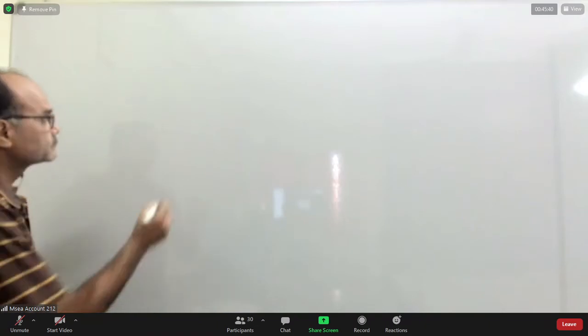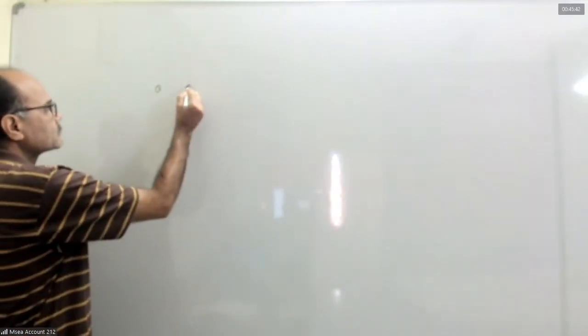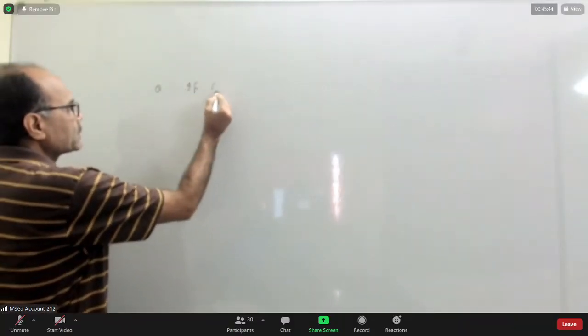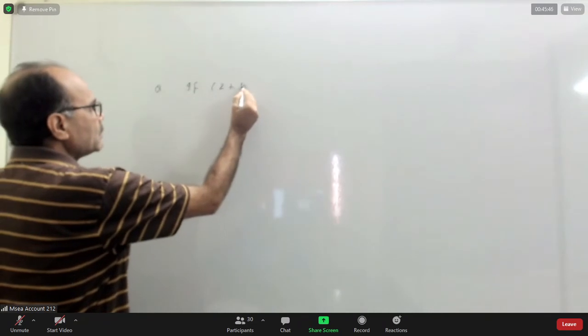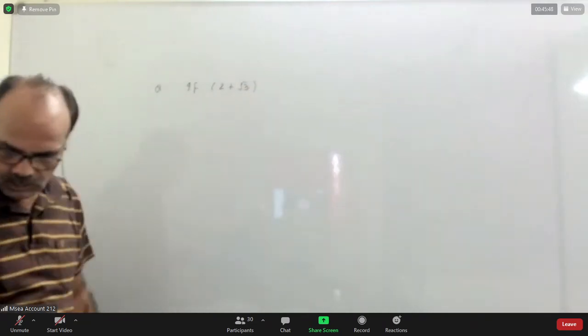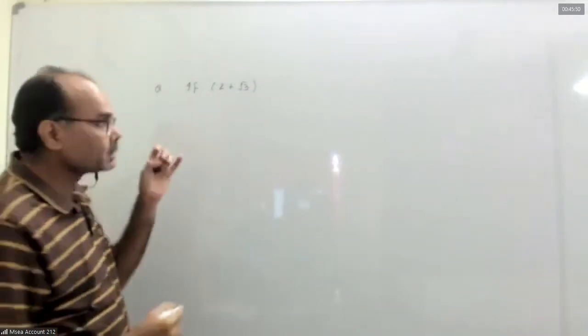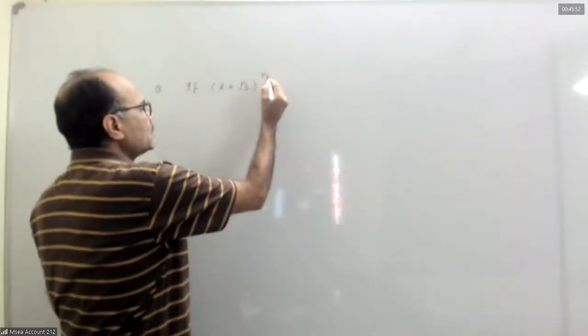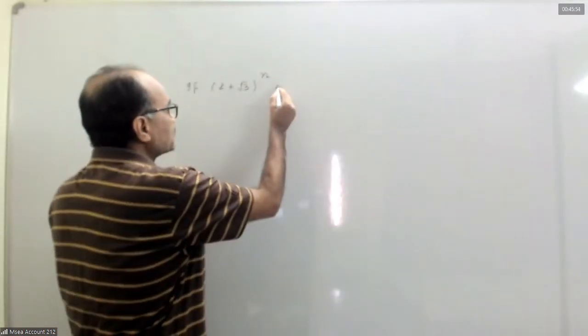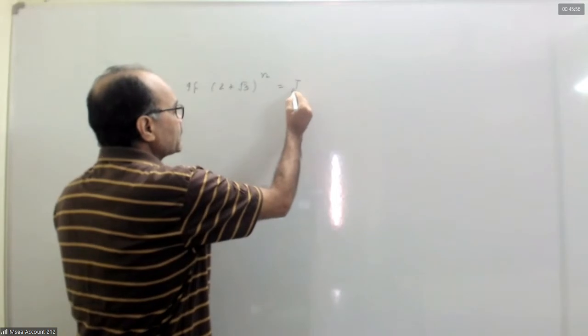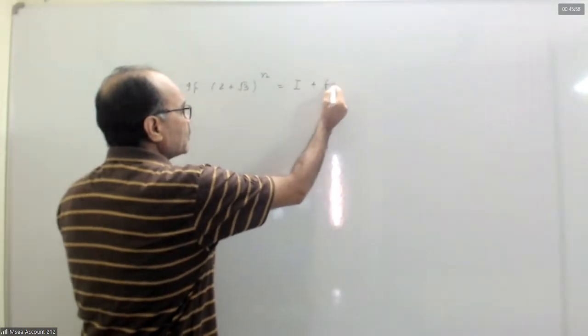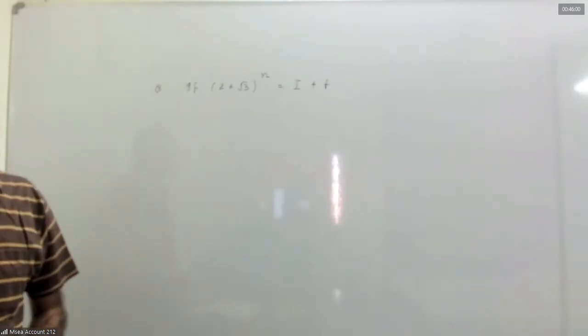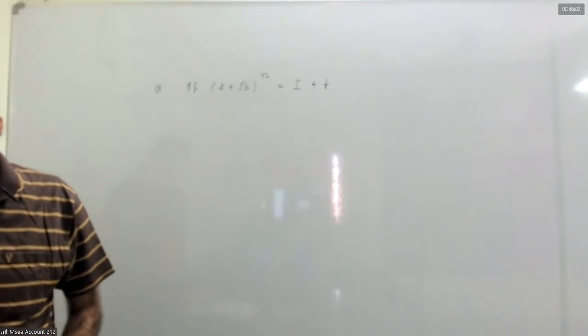Similar. It's 2 plus root 3 to the power n equals I plus f, where I is a positive integer and small f is a proper fraction.